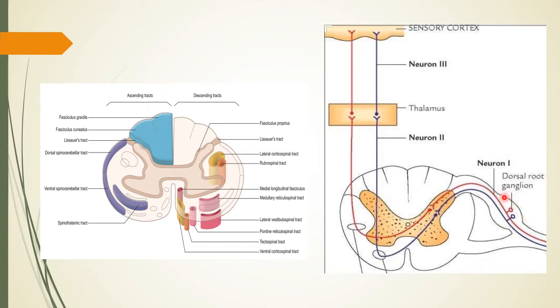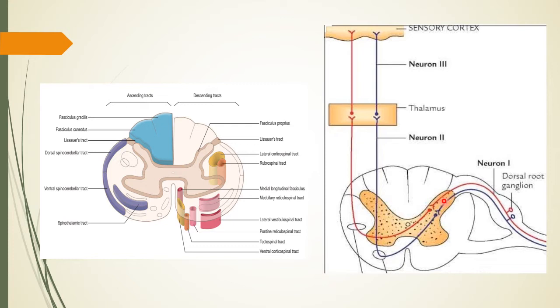This is a swelling or ganglion which is present on the dorsal root of spinal nerve. So the peripheral processes which carry information from the receptors terminate by synapsing in these nerve cell bodies, and the axons of these first order neurons reach the spinal cord at the posterior gray column or posterior horn.